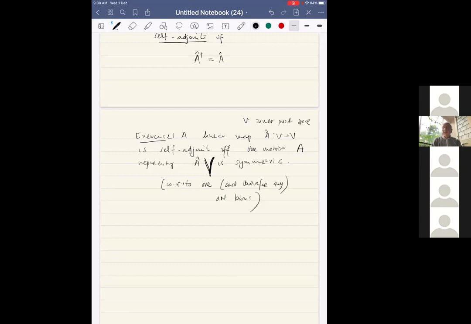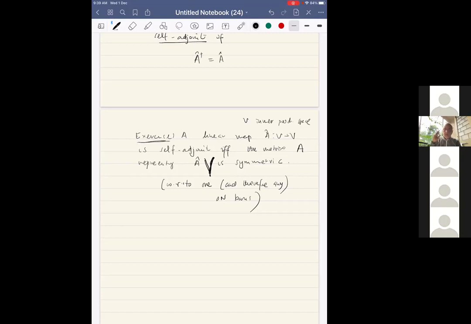So in other words, if I take a linear map and I want to check if it's self-adjoint, take any orthonormal basis, look at the corresponding matrix. If it's symmetric, then I can certify this linear map is self-adjoint. Then if I choose any other orthonormal basis, I'm guaranteed that the matrix corresponding to that will also be symmetric.